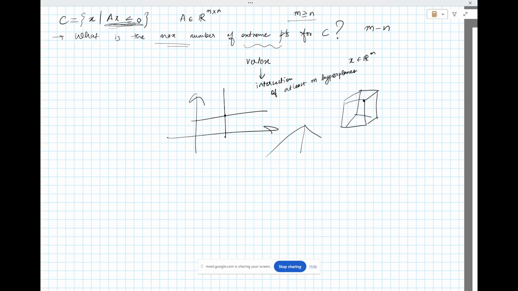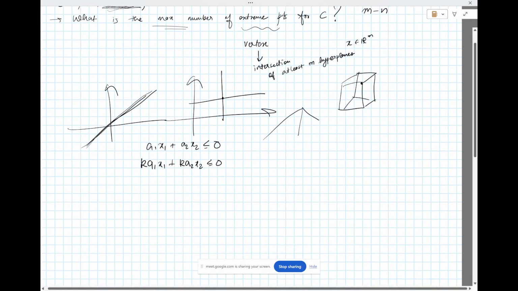Okay. There can be a case where all your planes are like this, a1x1 plus a2x2 less than 0 and some k a1 x1 plus k a2 x2. If it is of this form, then it is the same hyperplane that you get.